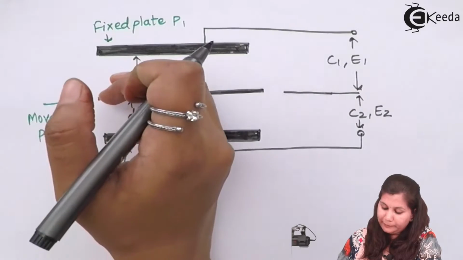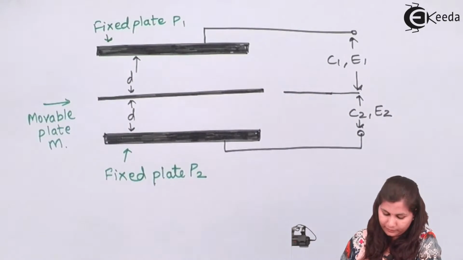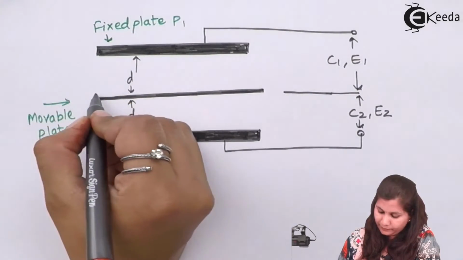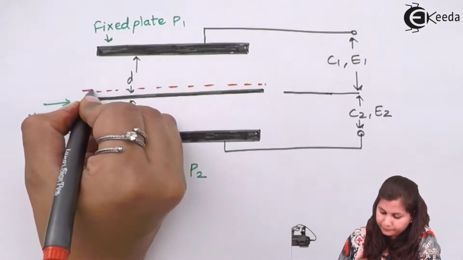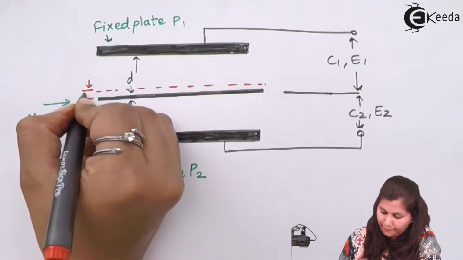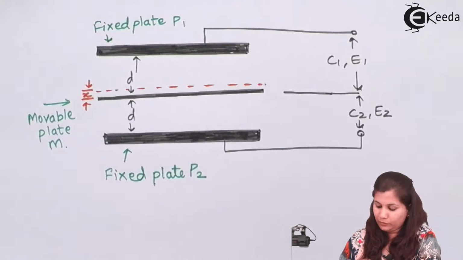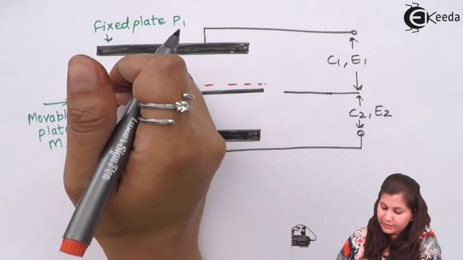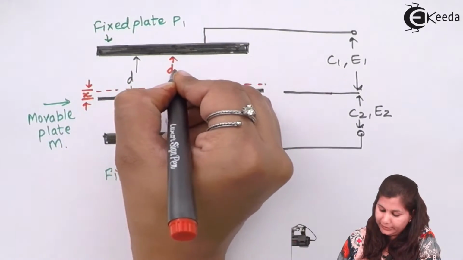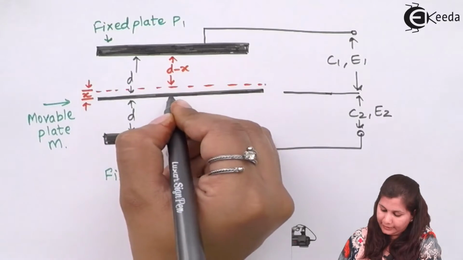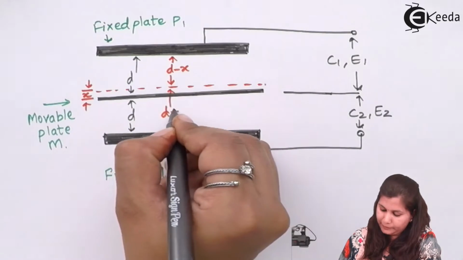Now when this movable plate is moved by a displacement x, the distance will decrease to d minus x, and this one will be d plus x.